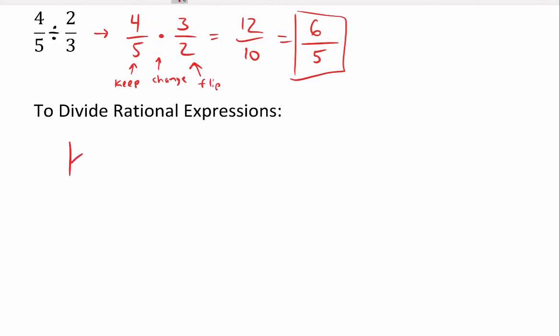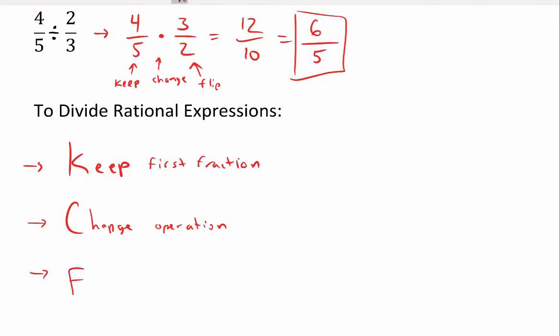We're going to keep the first fraction, change the operation to multiplication, and then flip the second fraction.